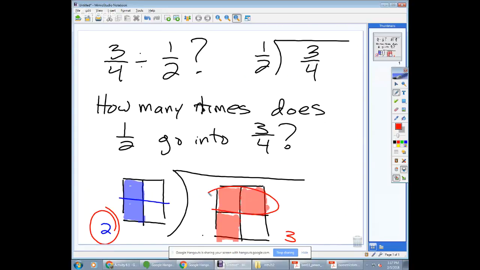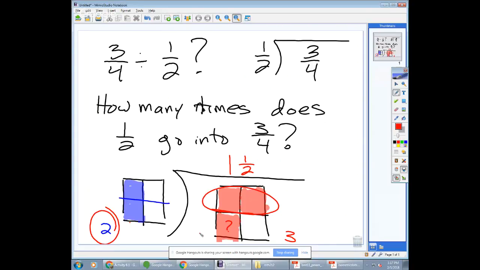Yeah, for sure there's 1 group of 2 there, so there's going to be a 1 in my answer. The question is how does that compare to the group I'm looking for? It's 1/2 of what I was looking for. So it looks like there's 1.5 groups of 1/2 in 3/4. That's what that tells me, because I'm looking for this in that.